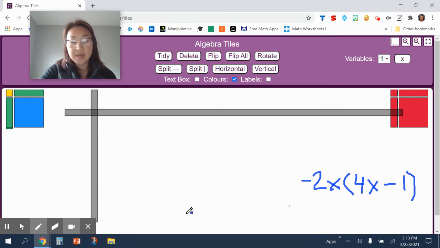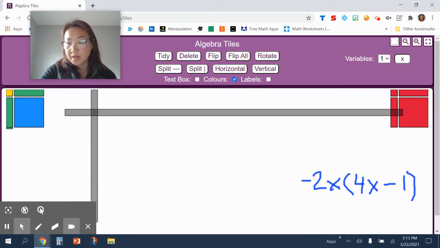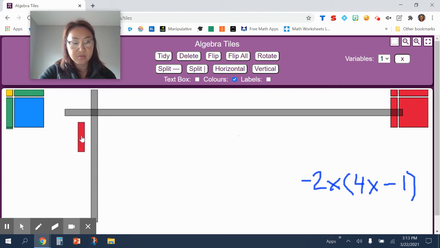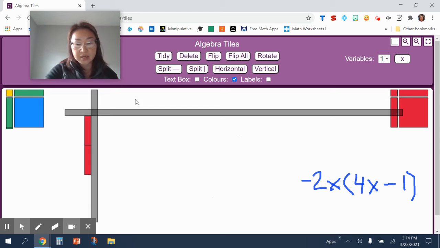To set up this problem, on one side I would do negative 2x's. So I'm going to use the red rectangle, right? I'm going to set up 2 of them because this represents negative 2x on that one side. And then the other side is 4x minus 1.